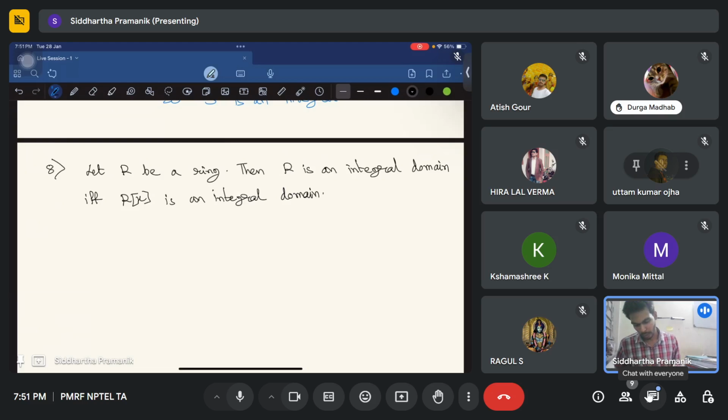Okay, so R is an integral domain if and only if the polynomial ring is an integral domain.